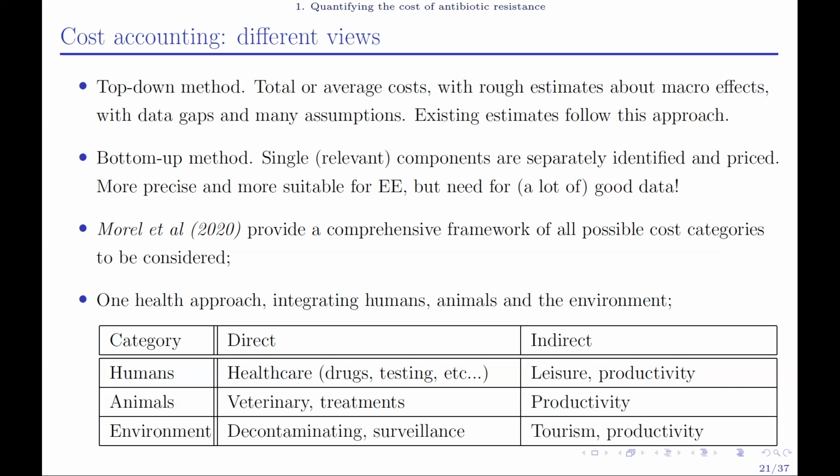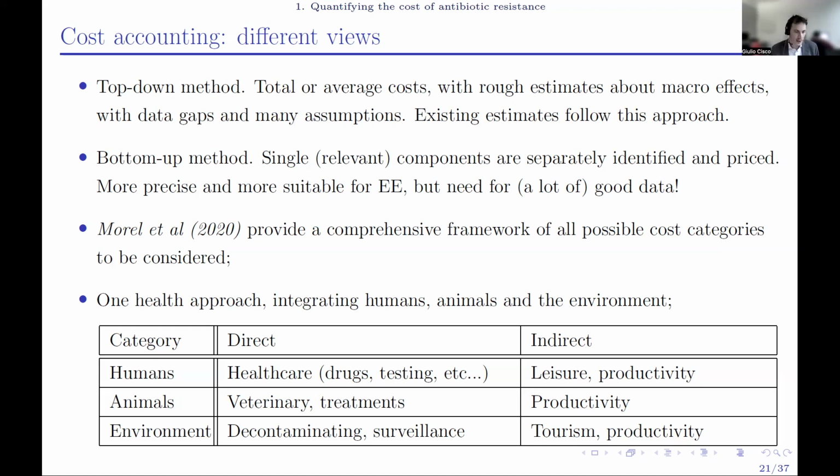Maybe if you're not familiar with economic valuation, I can just explain the difference between direct and indirect costs. Basically, speaking about healthcare, the direct costs are all the costs due to the care and the treatment of a patient.